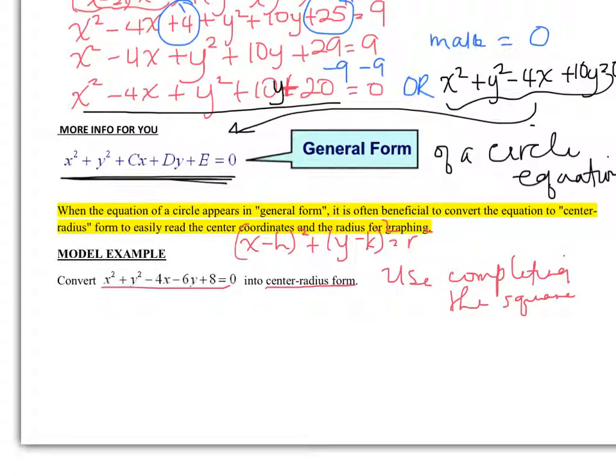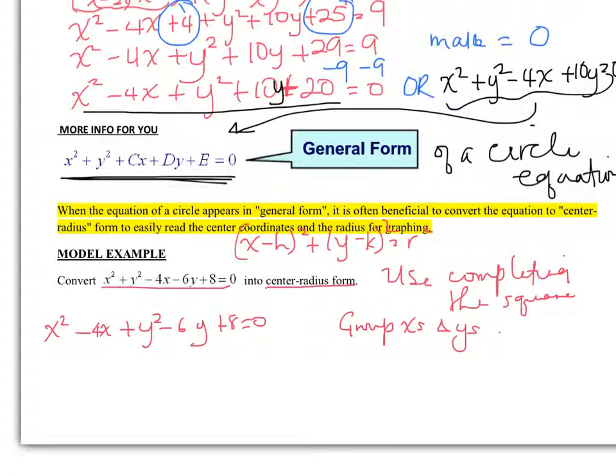So the first thing we're going to do, and I'm going to write the steps, right? The first thing is we are going to group x's and y's. So we're going to take our x's, x squared minus 4x plus y squared minus 6y plus 8 is equal to 0.